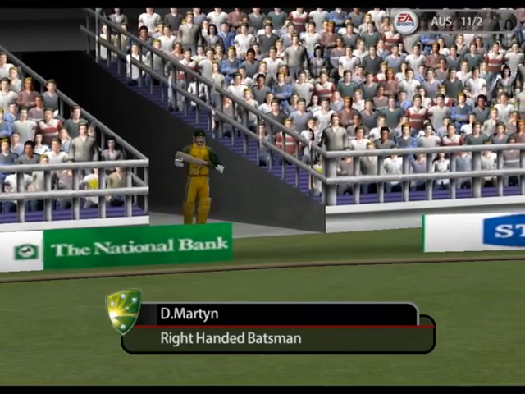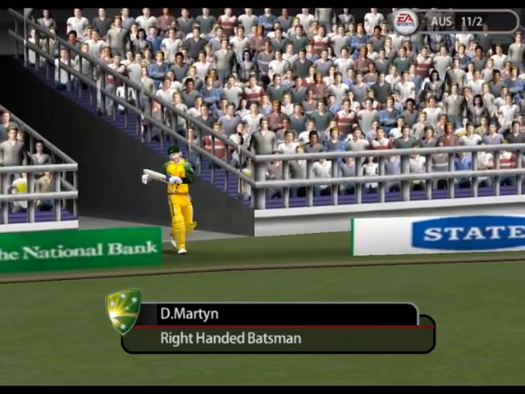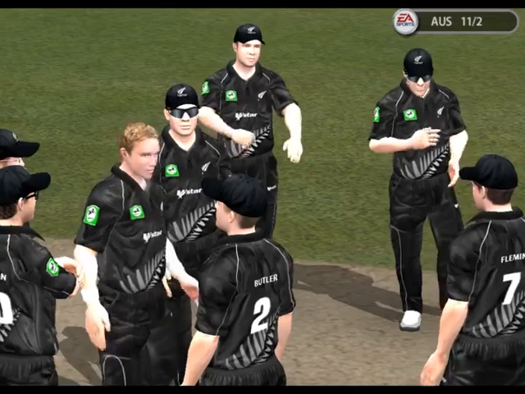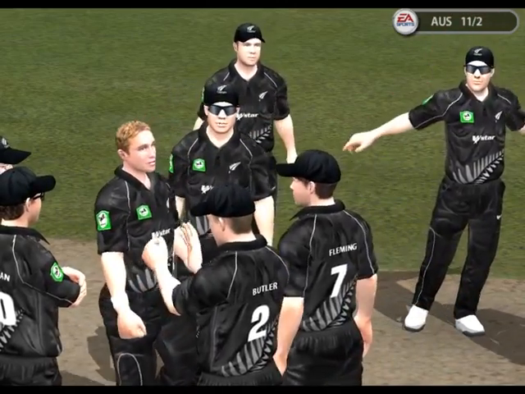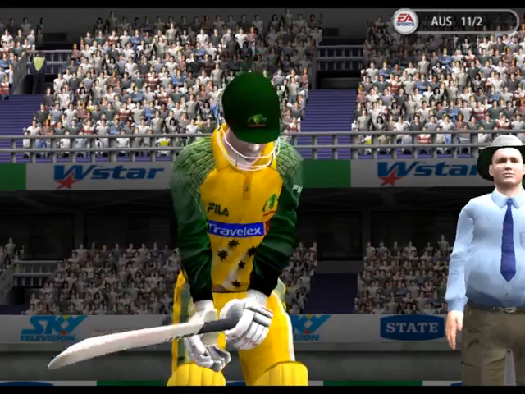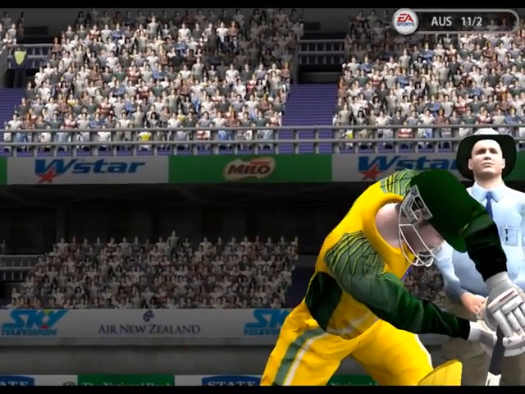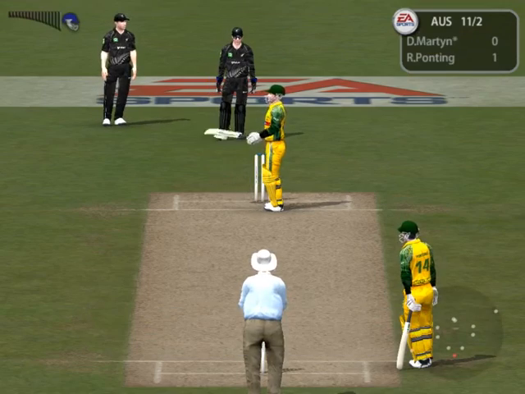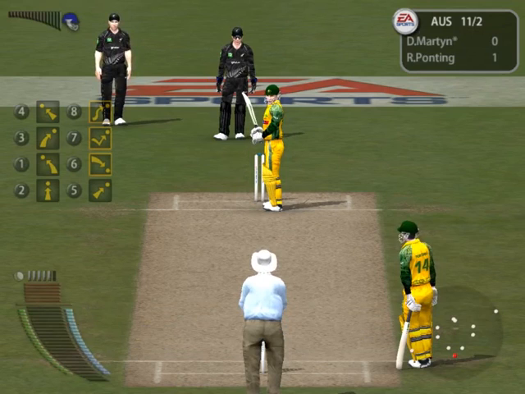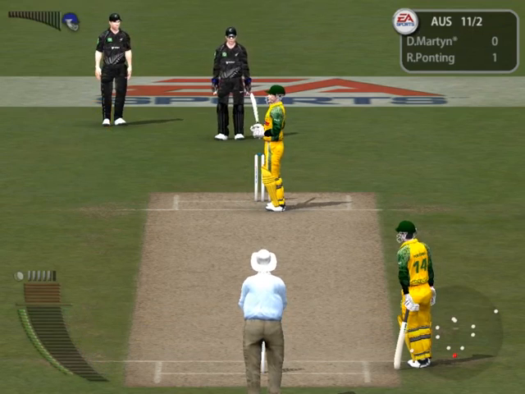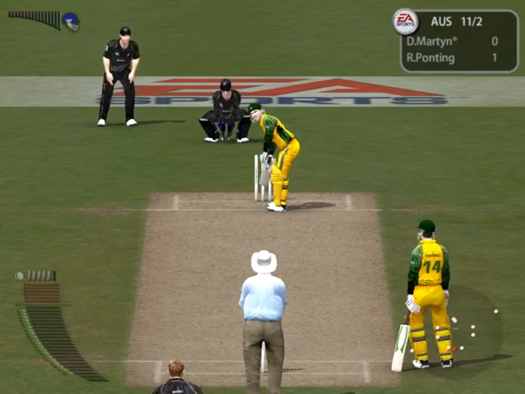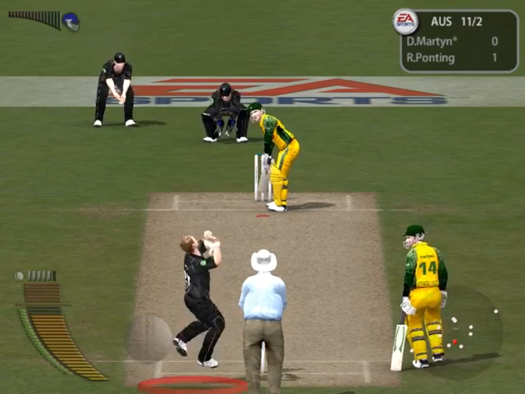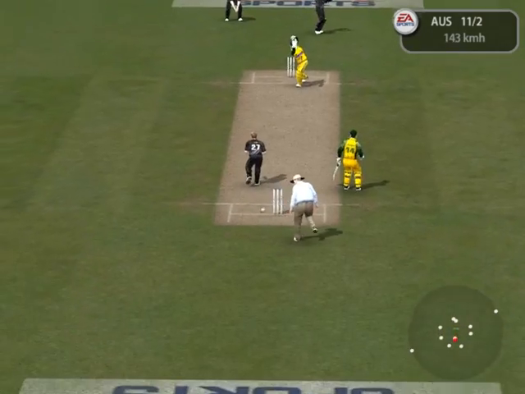Next batsman is Martin. Martin facing. Astol is after it.